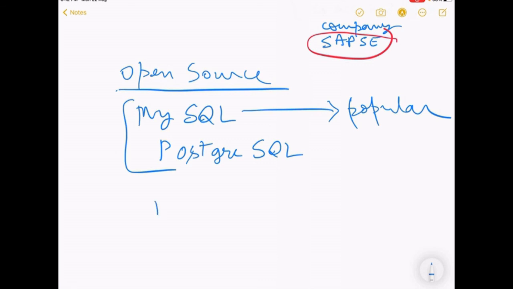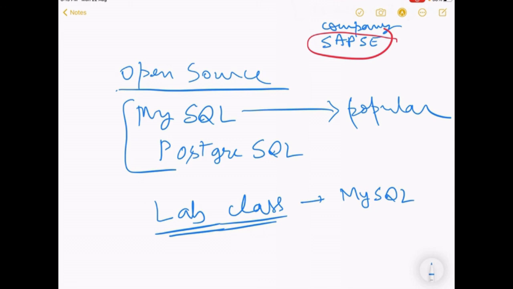In your lab class you have to use MySQL. All of you have to learn how to use MySQL, and using MySQL you have to create a database, write queries, insert data, and retrieve data. So this was about database and database management system. Thank you.